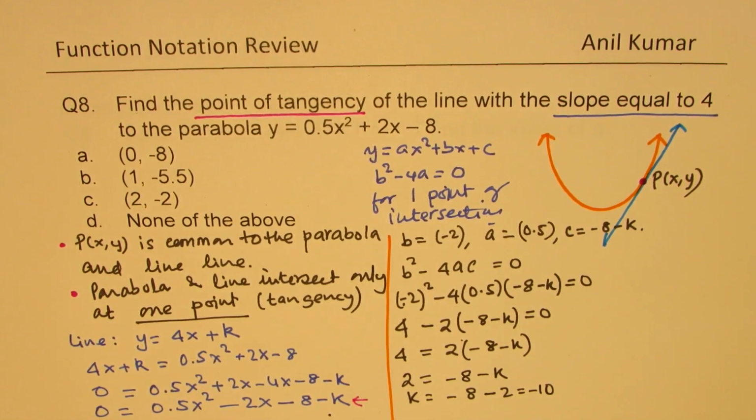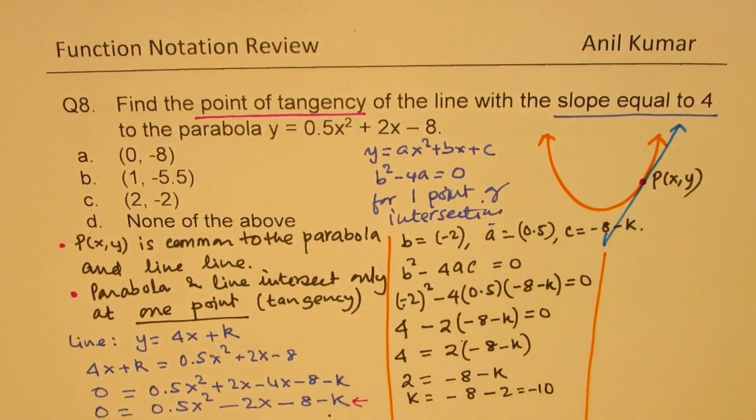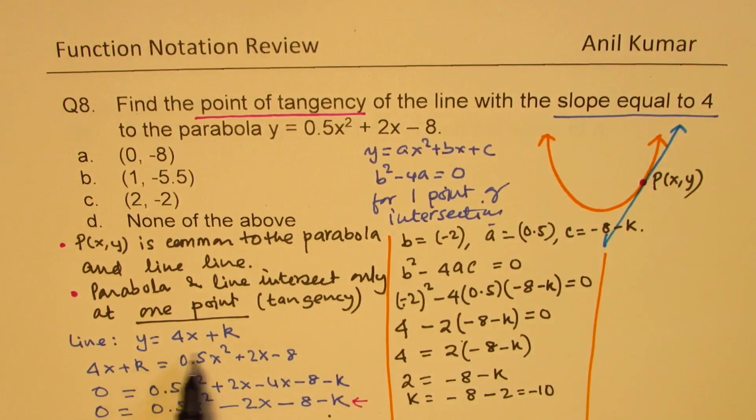Now once we get the value of k, we can actually get the point also, right? So k being minus 10, we will now write minus 10 in our equation which we had and then solve for it, right?